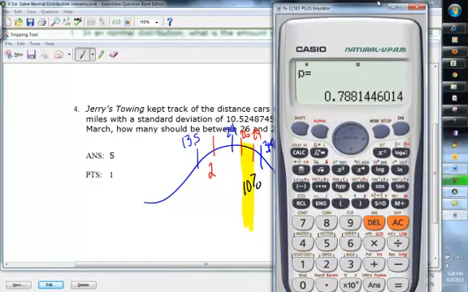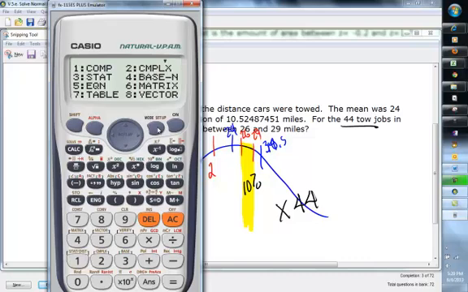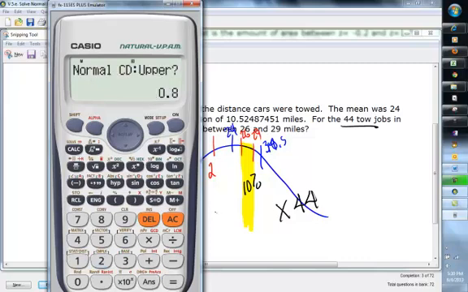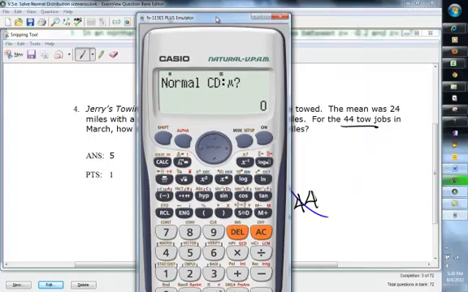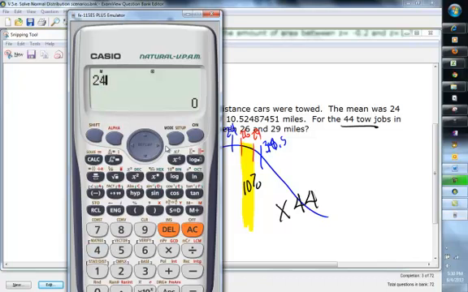Let's use our calculator. We're doing mode, distributions again, number 3, and it's a normal cumulative distribution. We're starting at 26, and we're going up to 29. This time, the standard deviation is 10.52487451, and the average is 24.